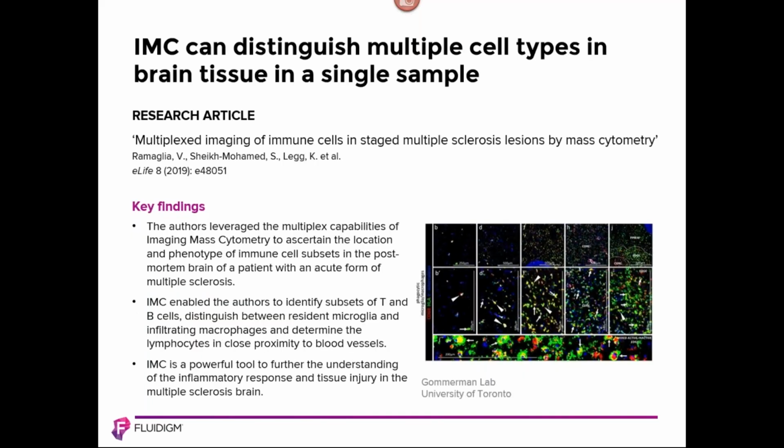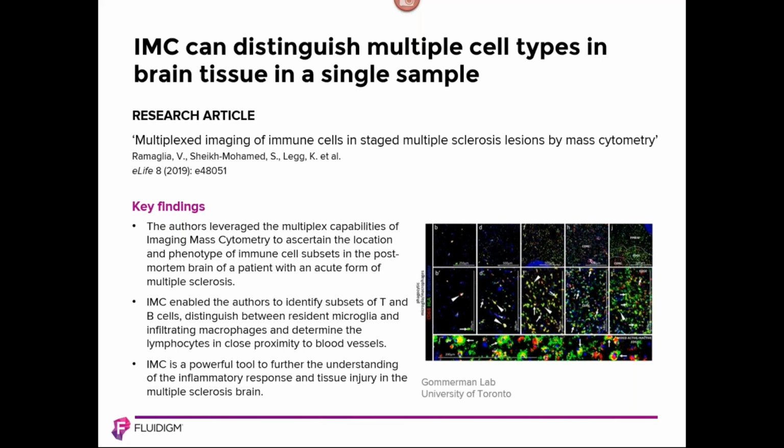So in the final imaging mass cytometry example today, Jennifer Gommerman's group at the University of Toronto leveraged the multiplex capacity of imaging mass cytometry to ascertain the phenotype and location of immune cell subsets in the post-mortem brain of a patient with an acute form of multiple sclerosis.